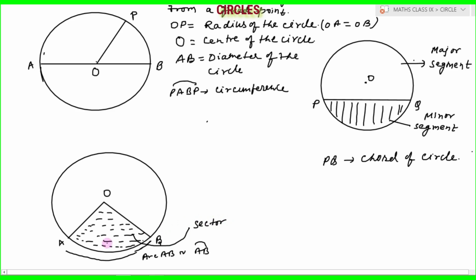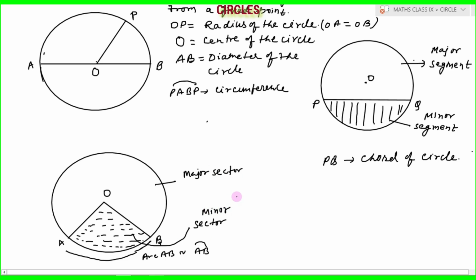So again we see two radii divide the circle into two parts. Each part is named a sector, and according to the first case, the larger part we name the major sector, and the smaller part we term the minor sector.